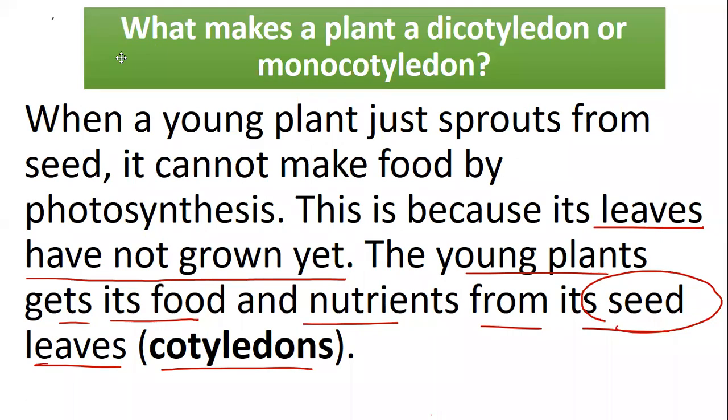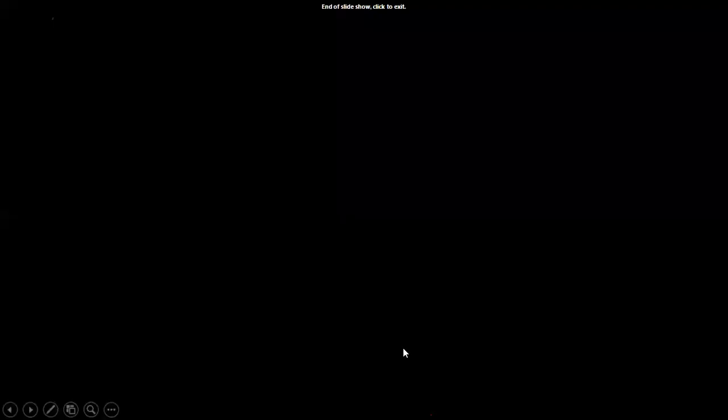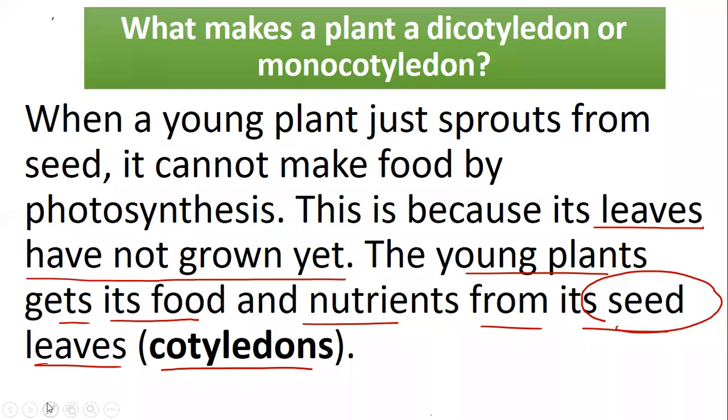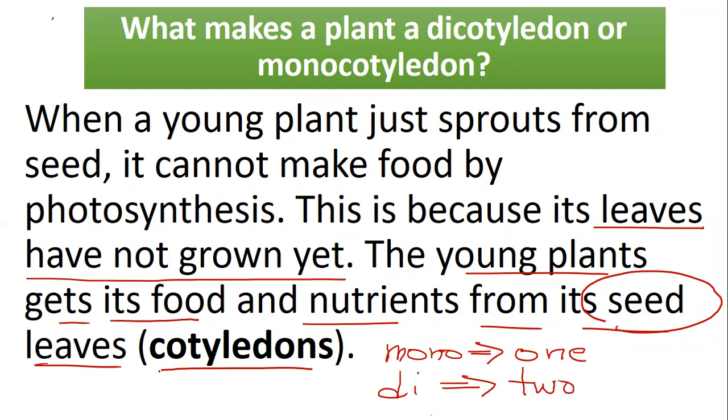Okay? Now, we talk about monocotyledons and dicotyledons. Mono means one. Di means two. I hope you are writing that one. Cotyledons.